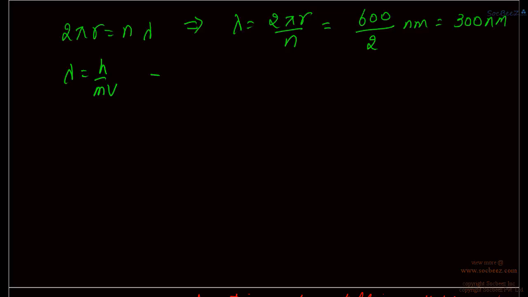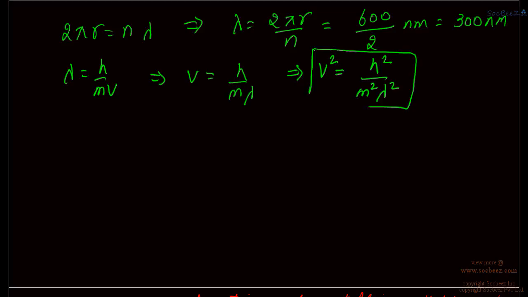Now, since lambda equals h upon mv, the value of v is h upon m lambda. If we square both sides, then v square will be h square upon m square lambda square. Okay, so we have got the value of v square.